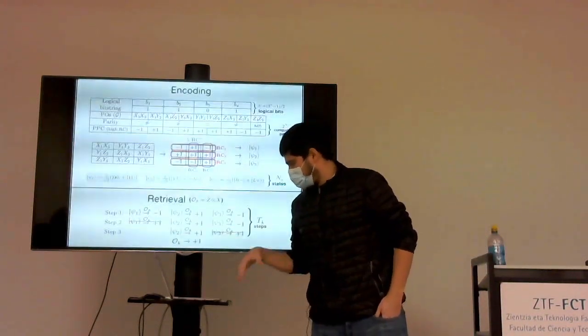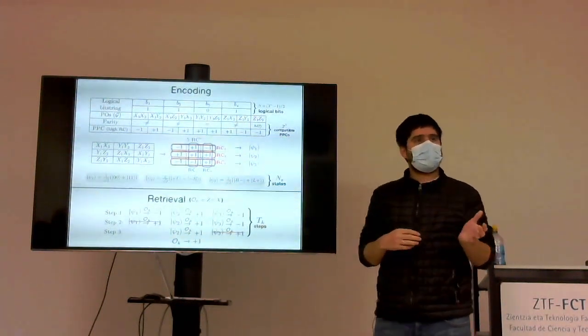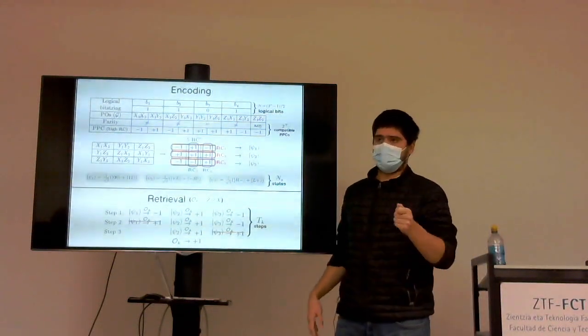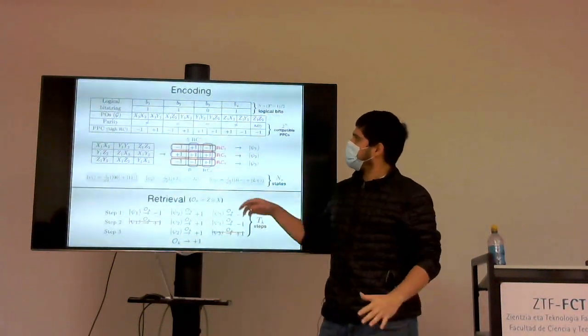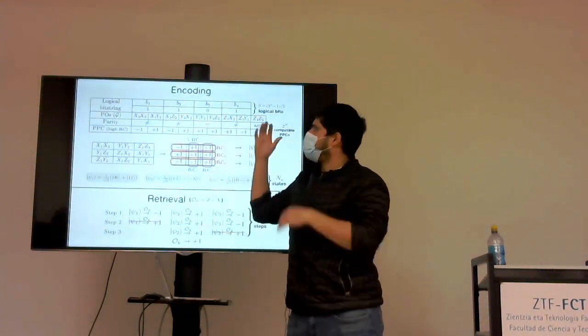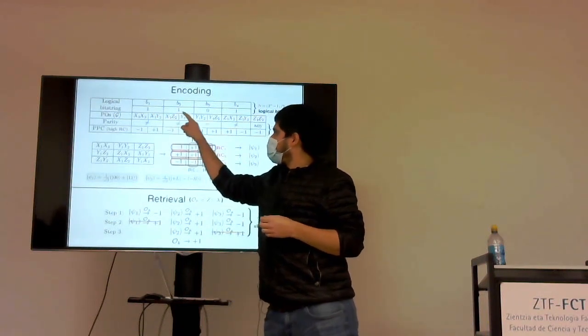So when we do this, our encoding changes a little bit. Instead of working with 9 logical bits, we're working with 4 logical bits, talking about 2-qubit systems. So for example, this could be our initial logical bit string. We would map each logical bit string to a pair of parity observables.